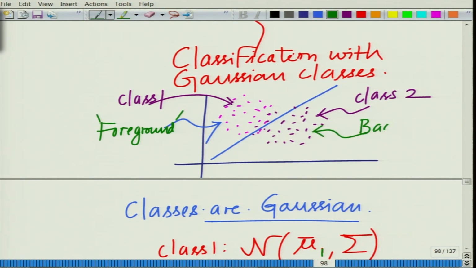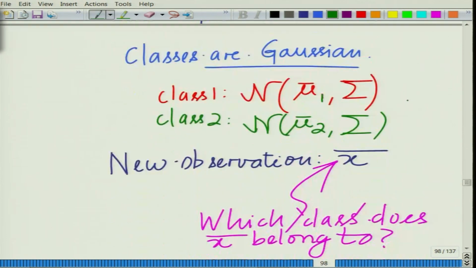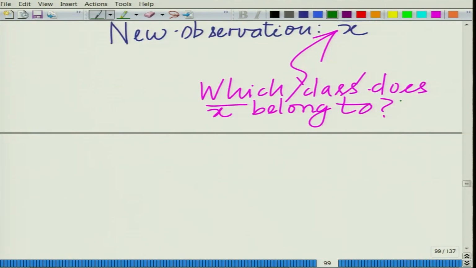This can be anything, basically the presence of an object. So, foreground pixels, background pixels. Now, we have a new pixel vector x bar. Which does it belong to? Does it belong to the foreground? Does it belong to the background?